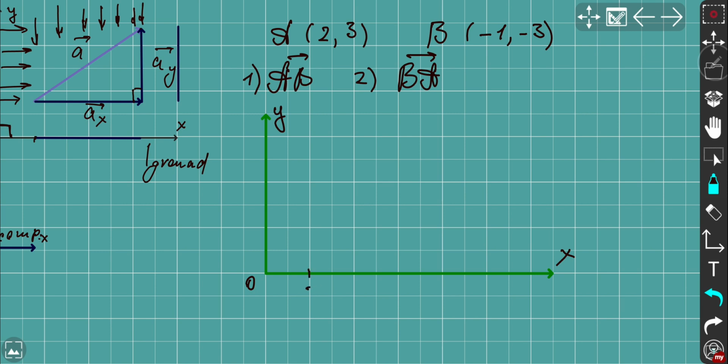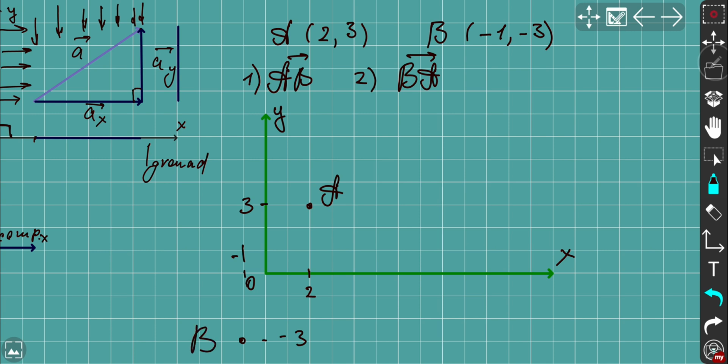So it's here, 2 and 3. So that's our point A. Okay, what about point B? It's -1 and -3. So -3 for y and -1 for x. -1 and -3, it's here. So we've got point B here. All right, so that's point B.